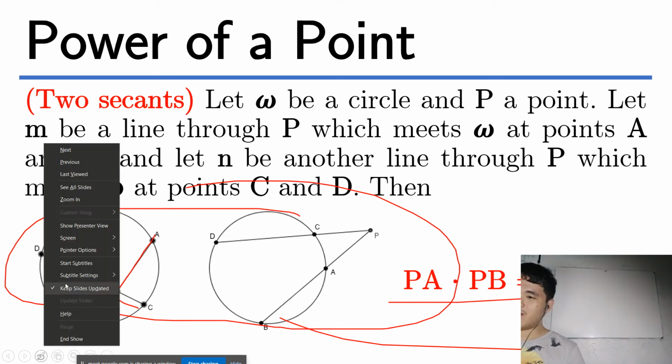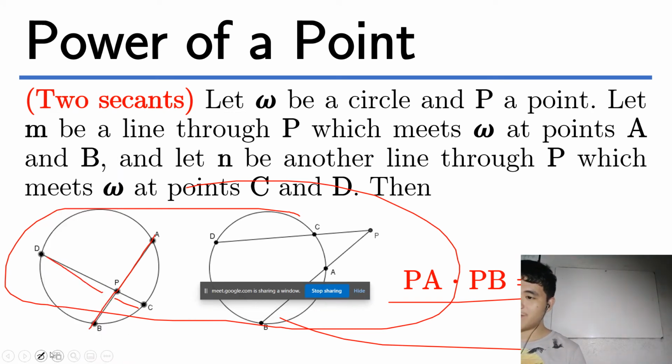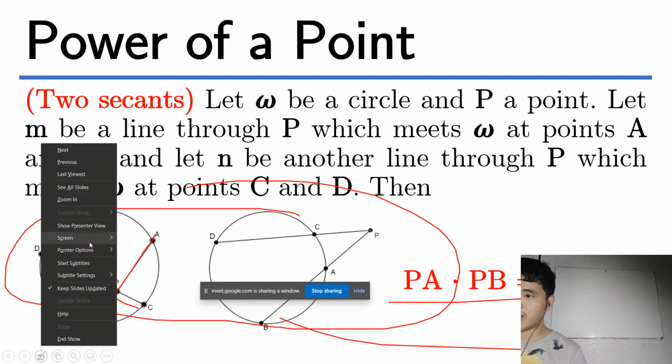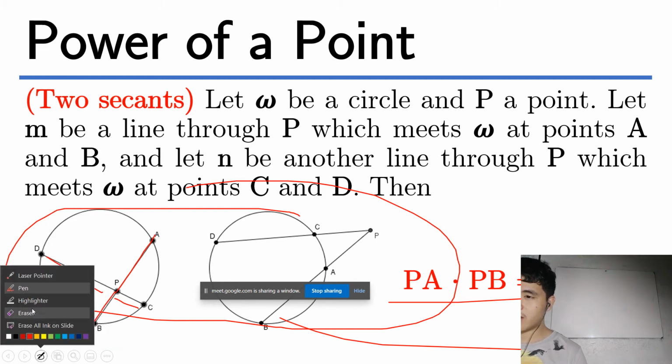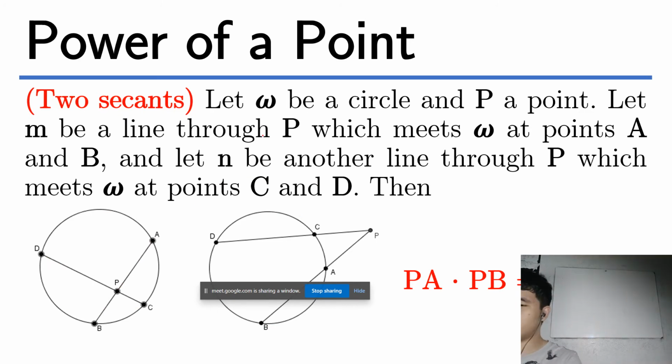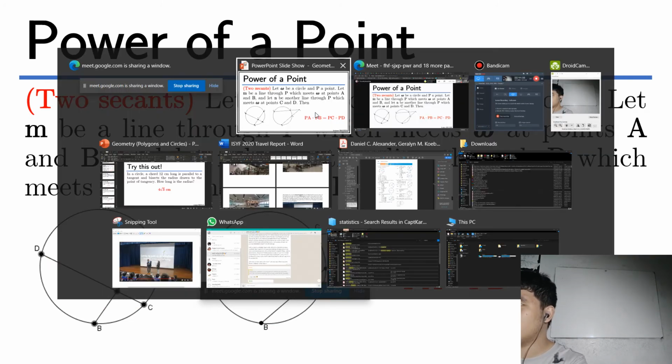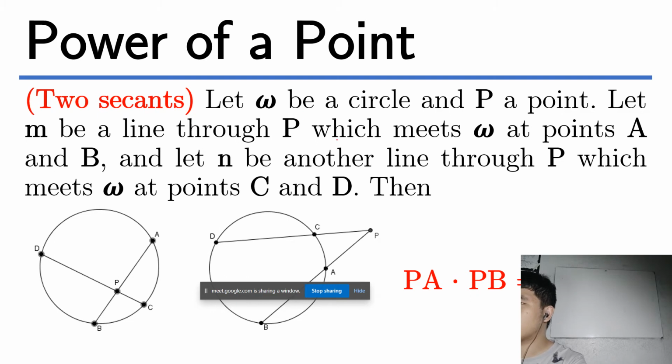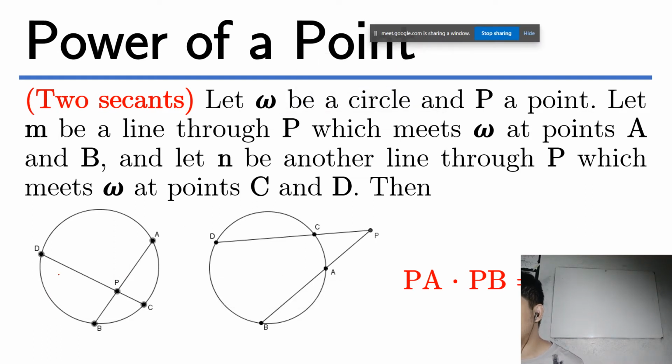Let omega be a circle. Then, erase natin lahat ng ink. Let omega be a circle and P be a point. Yun yung nilagyan natin ng power of a point. Then, let M be a line through P, which meets the circle at points A and B. And let N be another line through P, which meets omega at points C and D. Then, for these both cases, PA times PB equals PC times PD.